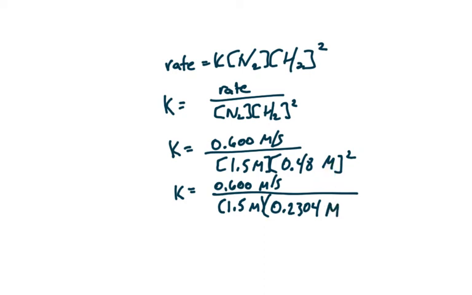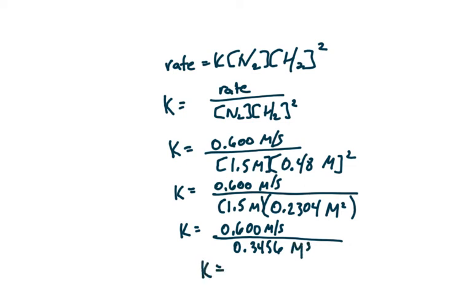So K is equal to 0.6 divided by this times this, which comes out to be 0.3456. If I multiply M squared by M, it's M to the third power.